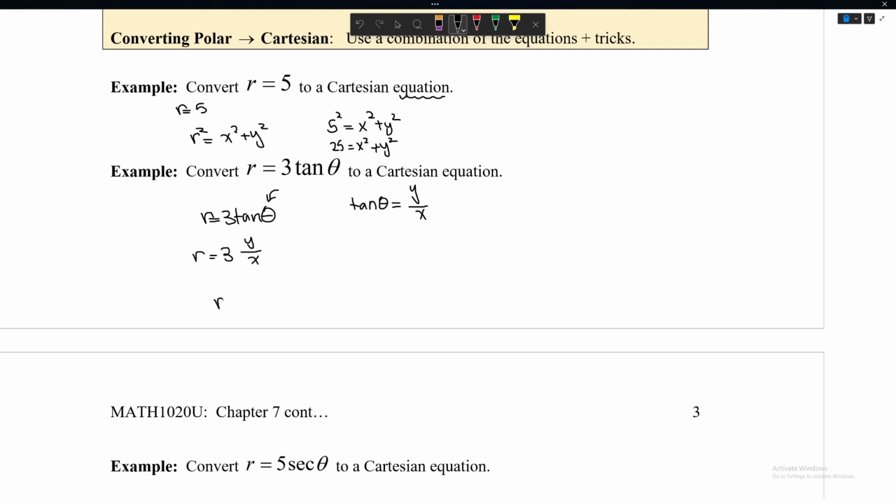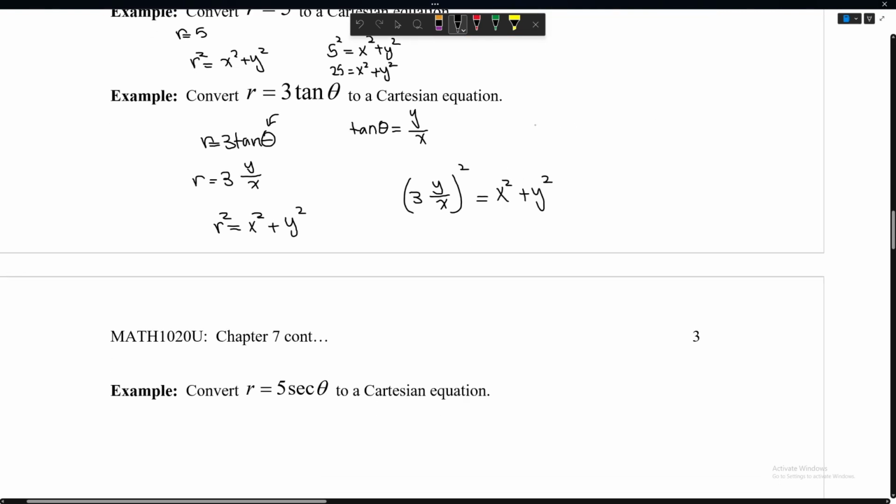Now r squared equals x squared plus y squared. So I already have my r. Now what I'll have is (3y over x) squared equals x squared plus y squared. And that is your other Cartesian equation. Now you could simplify.